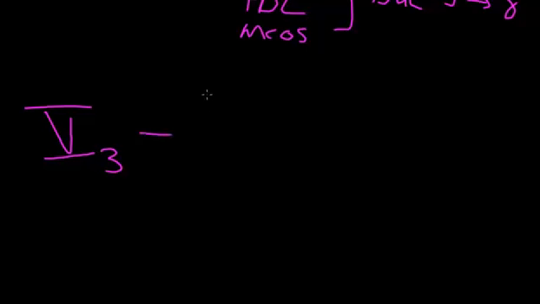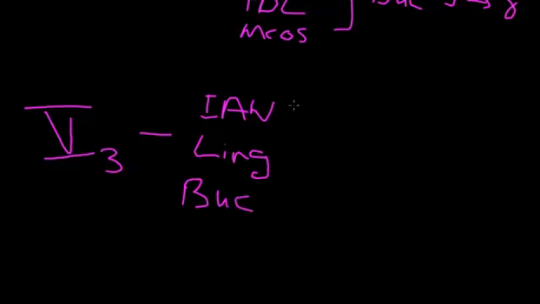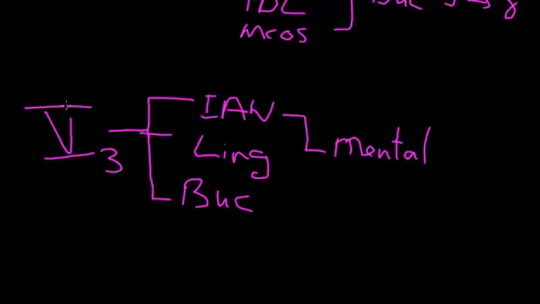So the inferior alveolar nerve, the lingual, and the buccal, plus that little piece that we talked about, the mental, all originate from the mandibular division of trigeminal.